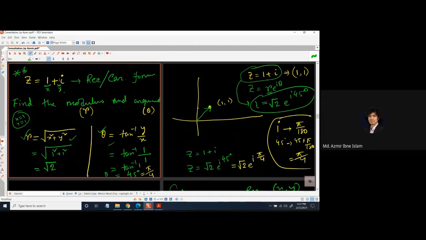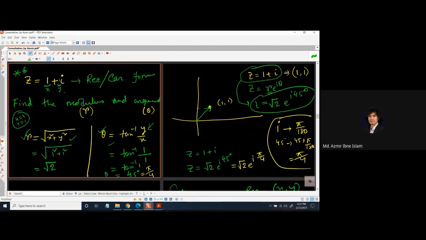So please, whenever you have a complex number, try to figure out where it is located, because this is important.